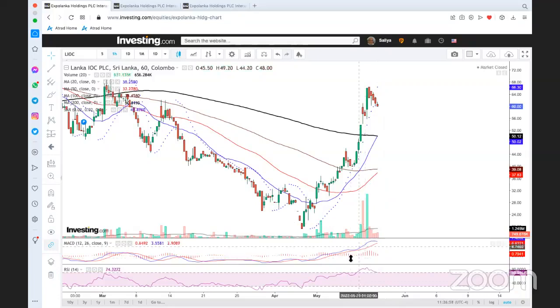And then, of course, even the RSI has gone up to 85 points, and now it has come down. This is, mind you, the hourly chart. It is coming down, right? So this is not an ideal time to initiate a buy position based on the hourly chart.